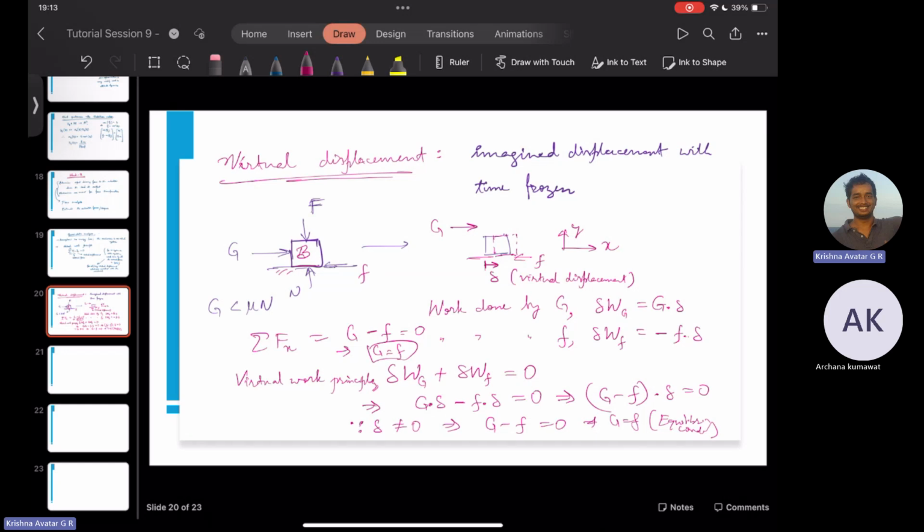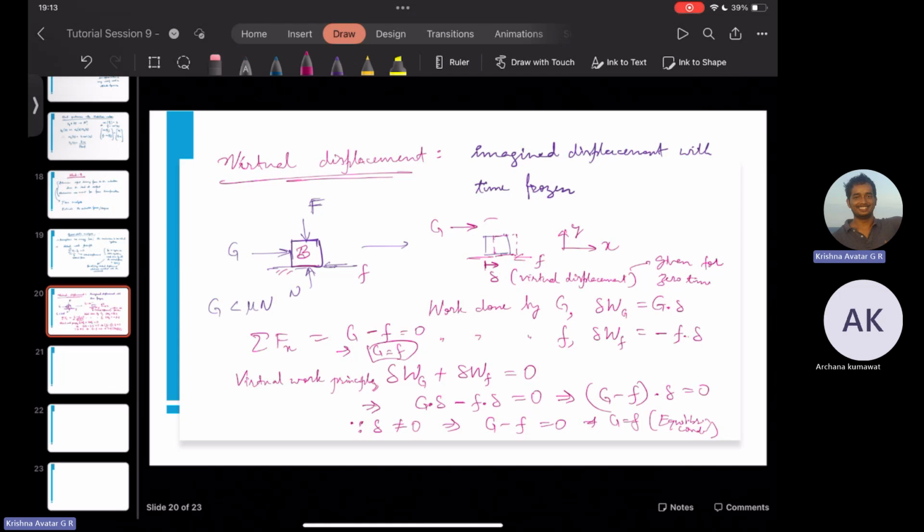What is being assumed is that this virtual displacement was given in zero time. Even if the body was moving, time still remained constant. So we just freeze the time, and then we provide this virtual displacement.